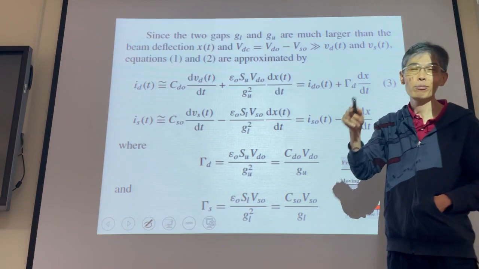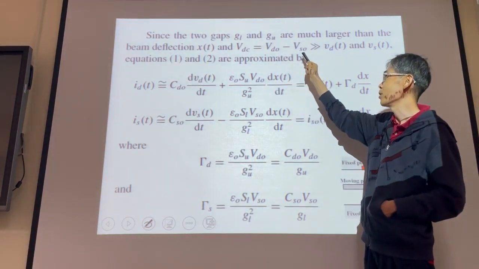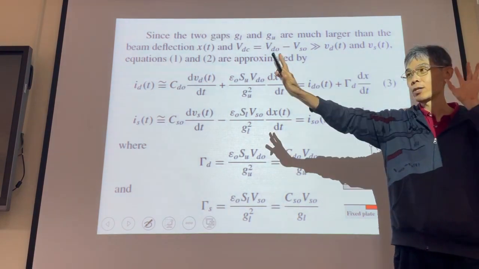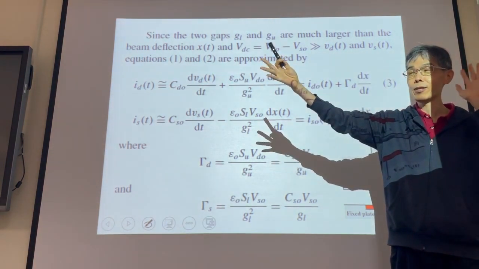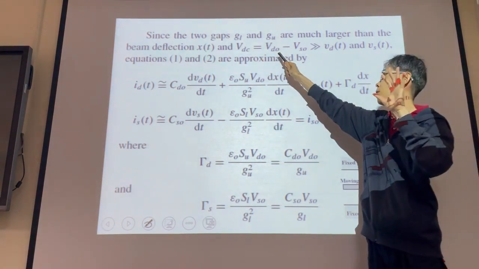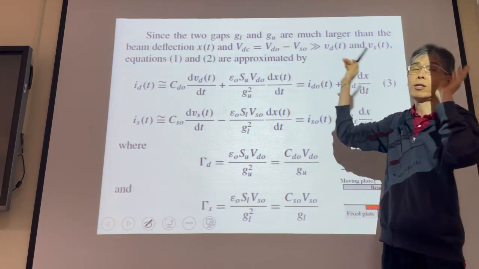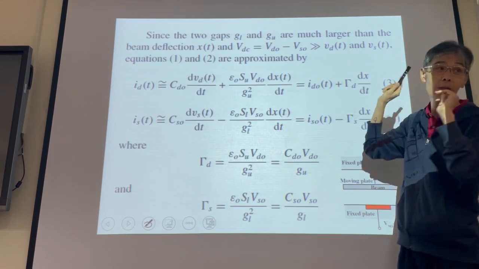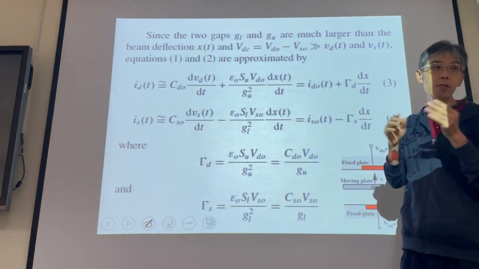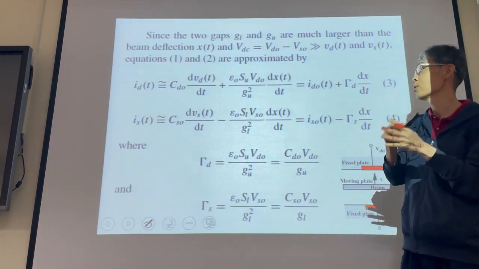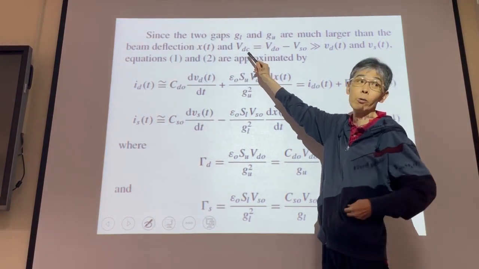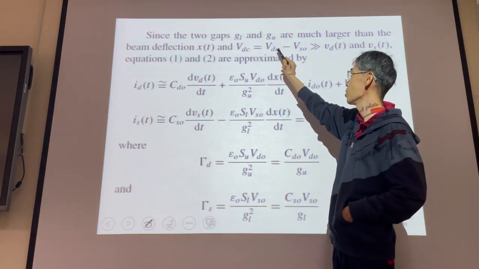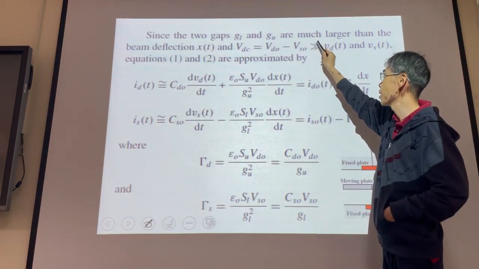We also assume VDO and VSO are not close. They are separated a certain distance from each other. So VDO minus VSO is also larger than VD and VS. We just give a name to the DC differential: VDC equals VDO minus VSO, much larger.